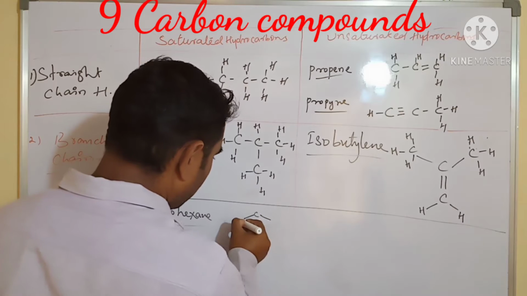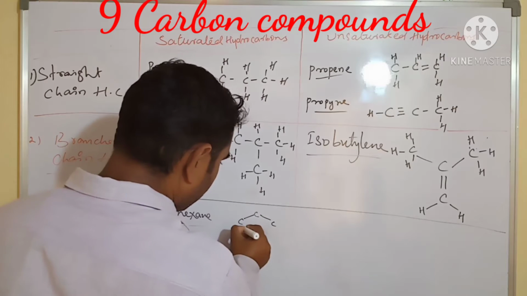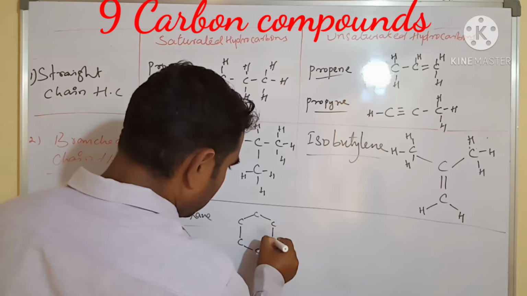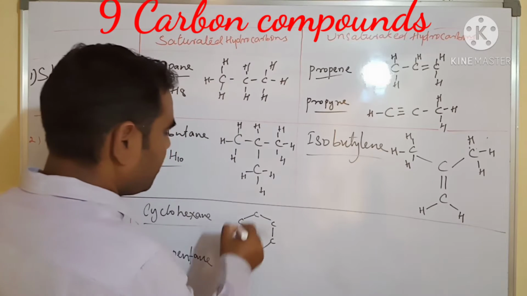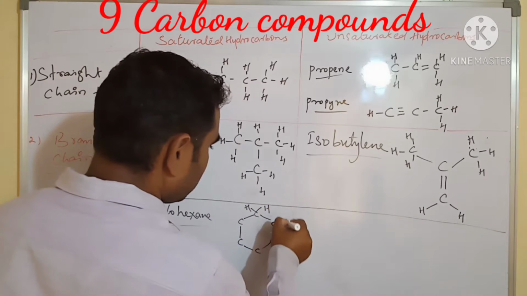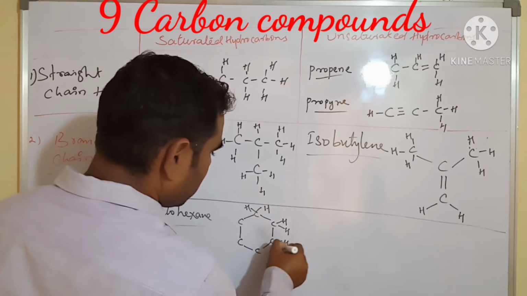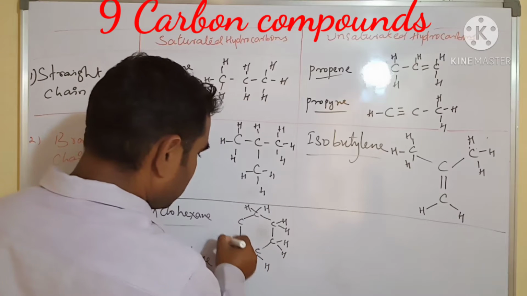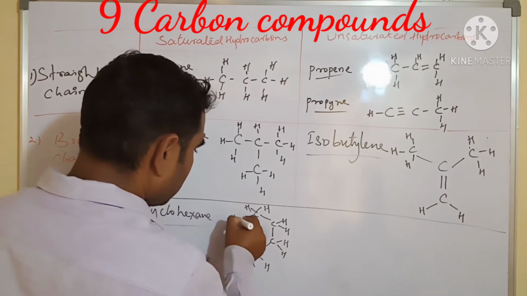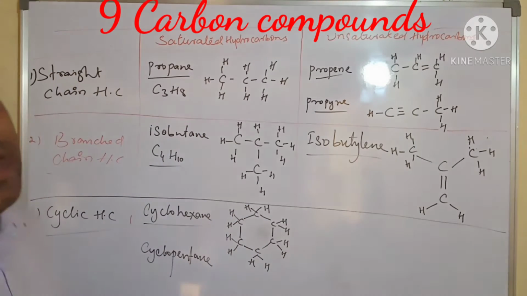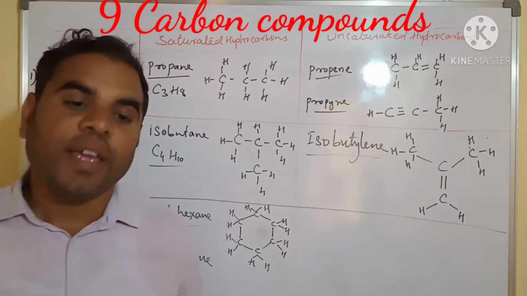1, and so on, 6 carbons like this, and the hydrogens are here. This is cyclohexane.